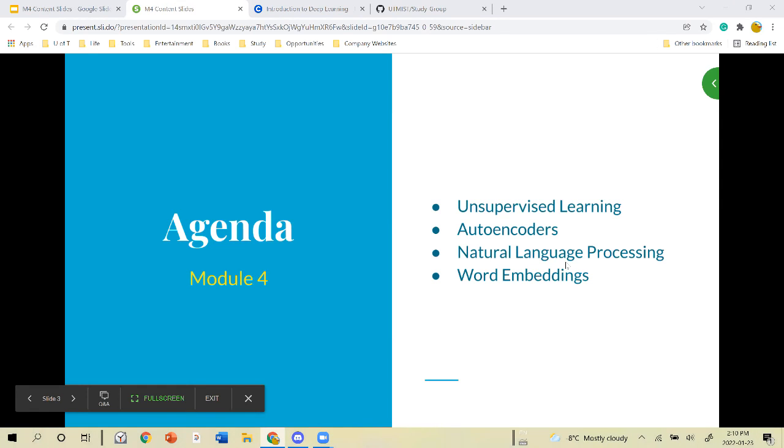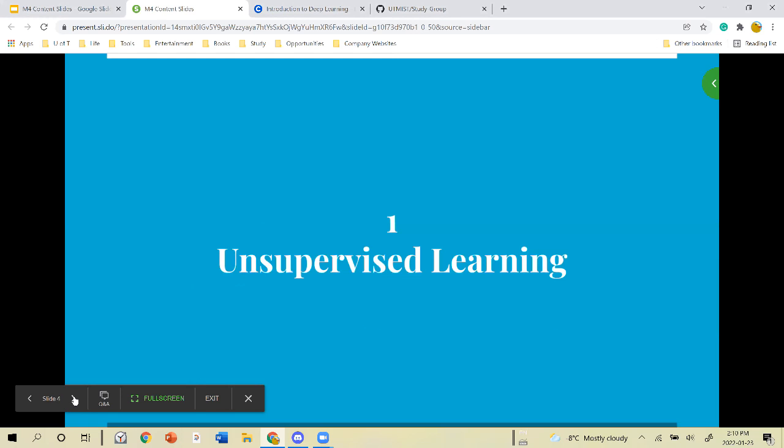And of course, if we talk about natural language processing, we also gotta talk about word embeddings. We'll go into more details later on today. This is the overall agenda of the concepts that we'll be going over today. Okay, so let's start off with what is unsupervised learning.